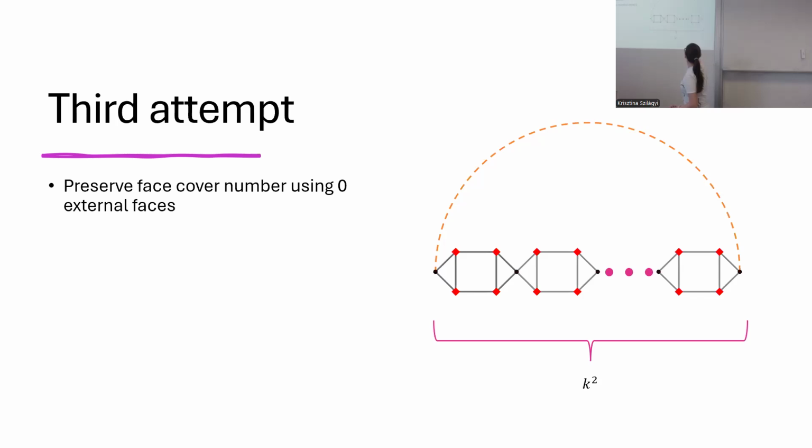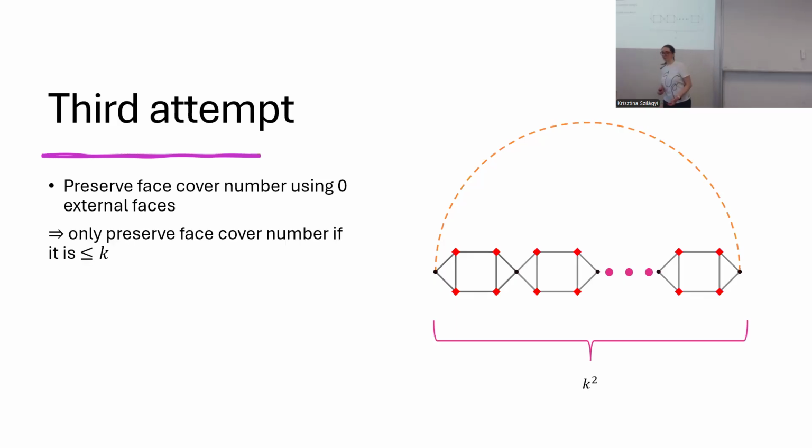We're not allowed to use the external faces. We need to use the square face in each of these small parts, which means that no matter what I replace each of these small parts with, even if I replace it by 2 or 1 vertex, it's still not enough, because I could still end up with too many vertices in my graph.